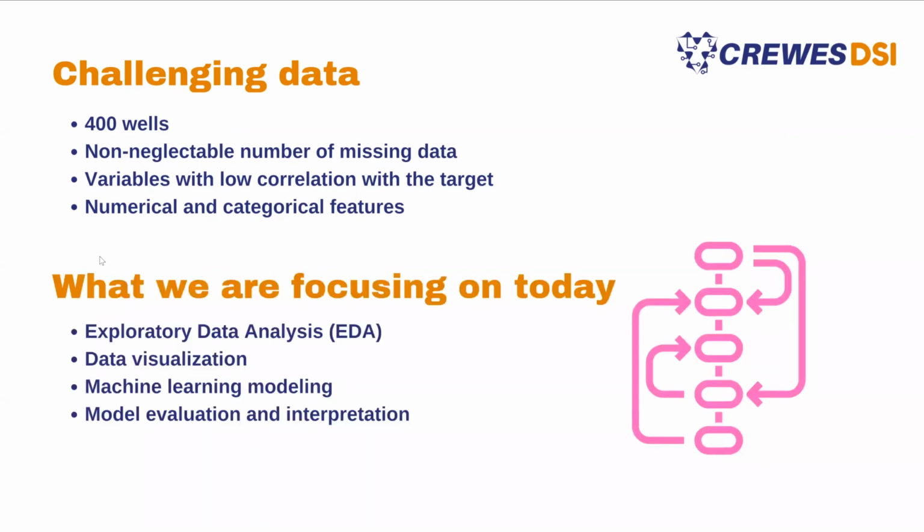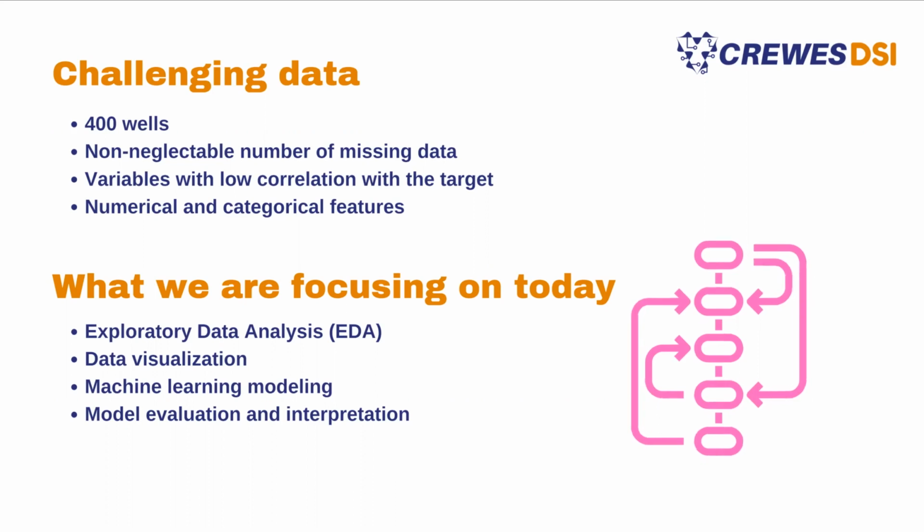And that's what we're going to be focusing on today. We're going to be working on the exploratory data analysis. So the idea is to do data visualization, understand all the variables and what's happening there. Then we're going to do some machine learning modeling and some model evaluation and interpretation.